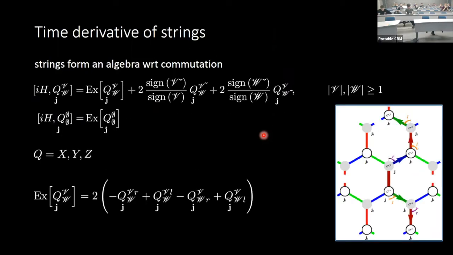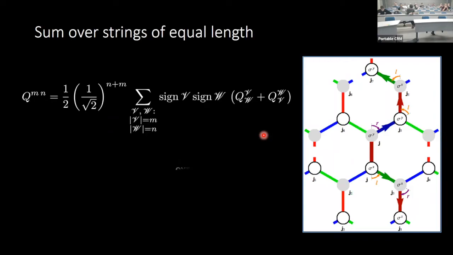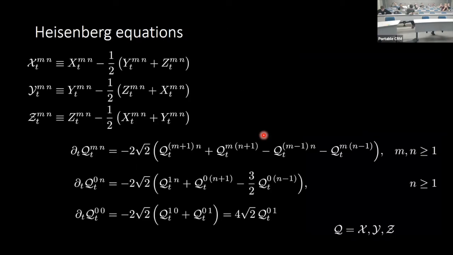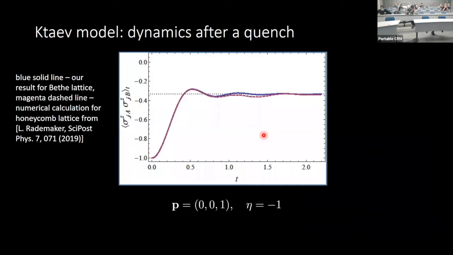I will skip the technicalities. The main point is again that we get strings here, and we write down quite scary equations on these strings, and although they are scary, they can be solved, and we solve them and get the result.